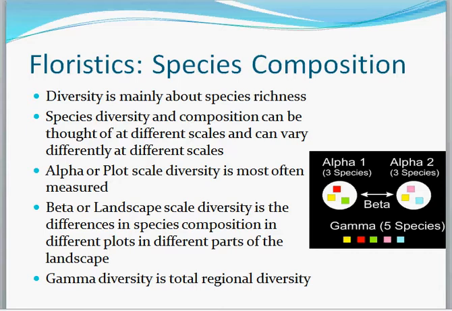Alpha or plot scale diversity is what is most often measured in a tropical rainforest. So alpha or plot scale diversity is basically the number of species you have as they vary over tens or hundreds of meters.